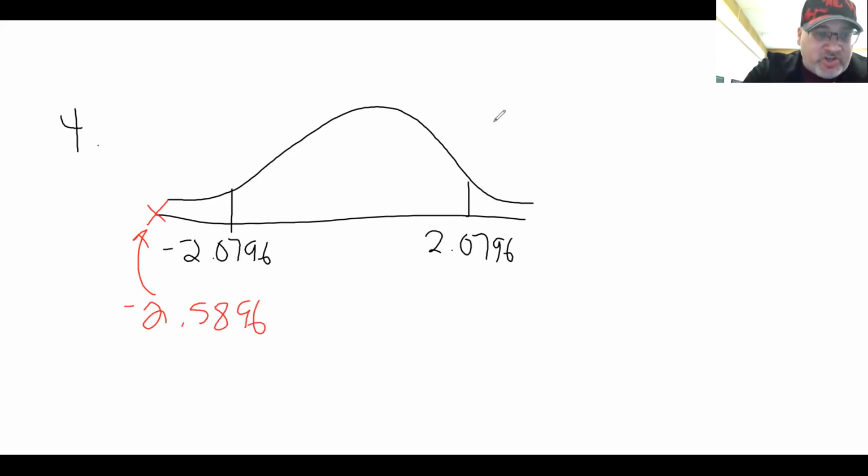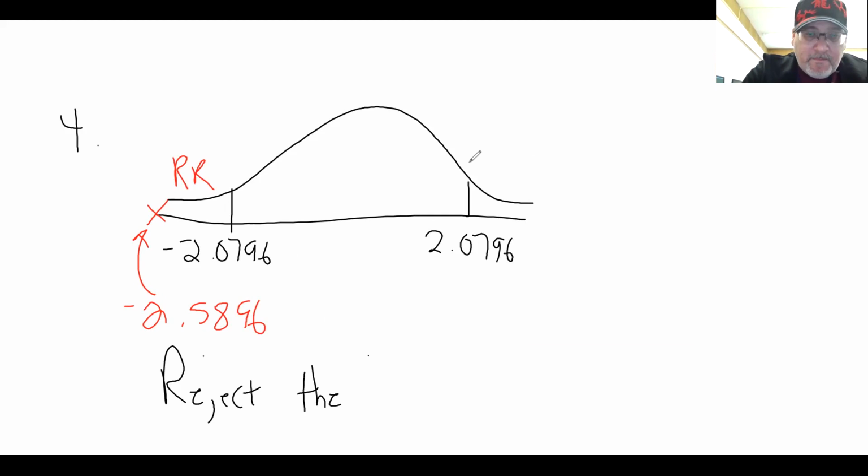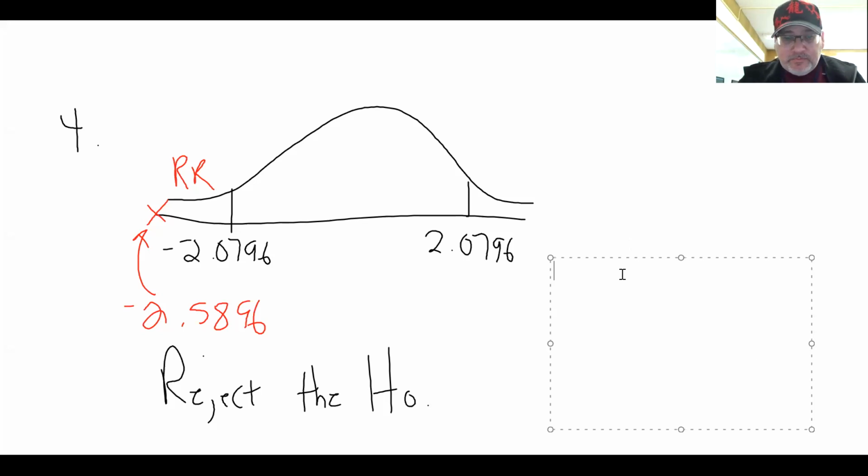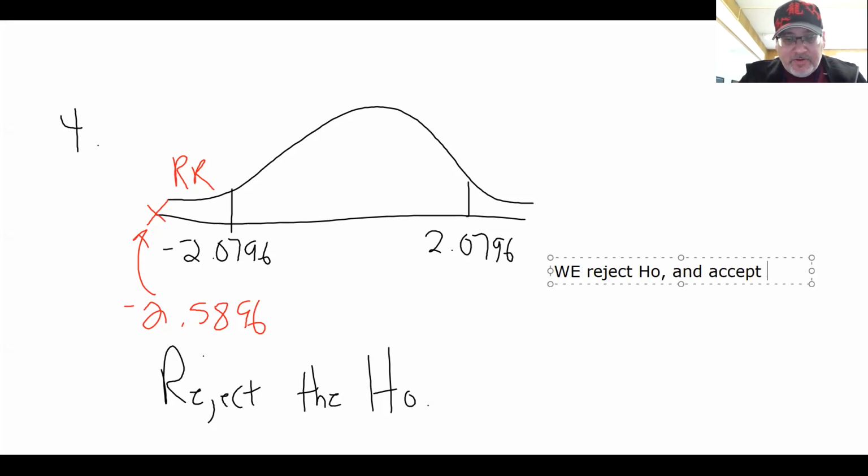And so our decision, since we landed in a rejection region, is to reject the null hypothesis. So what can we say? We reject null and accept alternative. We're not really accepting it. We're just saying that evidence suggests that it's the one we're going to go with.